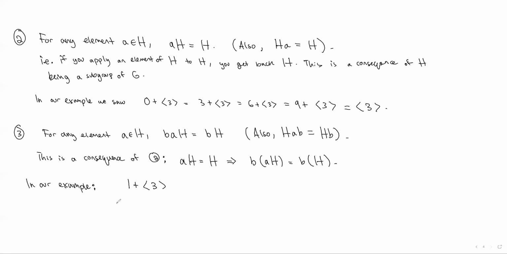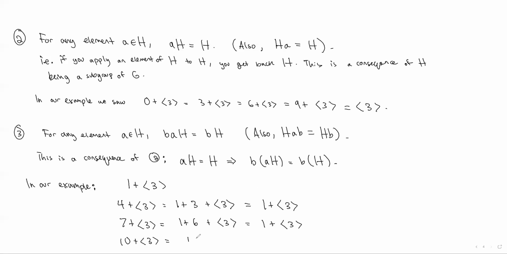And then 4 plus the subgroup generated by 3 is the same thing as 1 plus 3 plus the subgroup generated by 3, which is just 1 plus the subgroup generated by 3, because 3 plus the subgroup generated by 3 is the subgroup generated by 3. 7 plus the subgroup generated by 3 is 1 plus 6 plus the subgroup generated by 3, which is 1 plus the subgroup generated by 3. 10 plus the subgroup generated by 3 is 1 plus 9 plus the subgroup generated by 3, which is 1 plus the subgroup generated by 3. That's a mouthful.